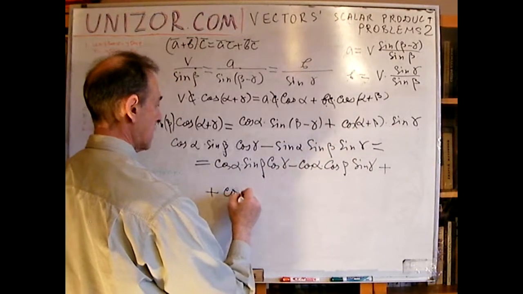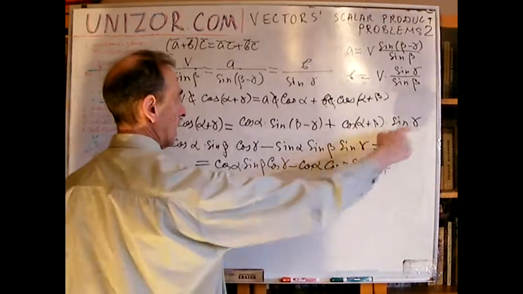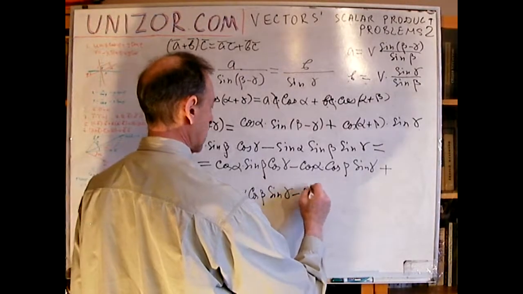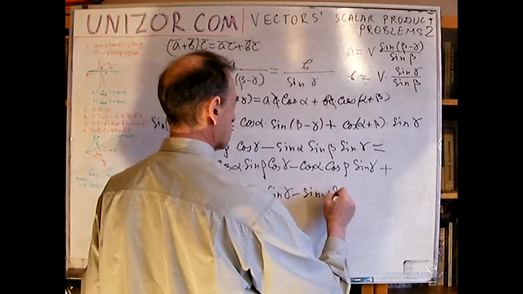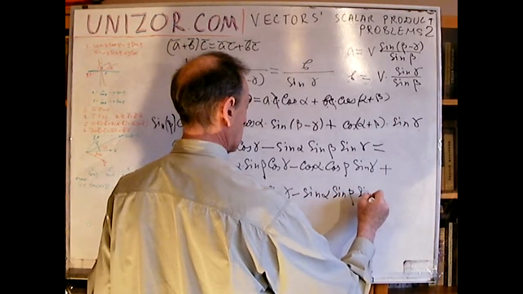So it's cosine alpha cosine beta and sine gamma minus sine alpha sine beta sine gamma.